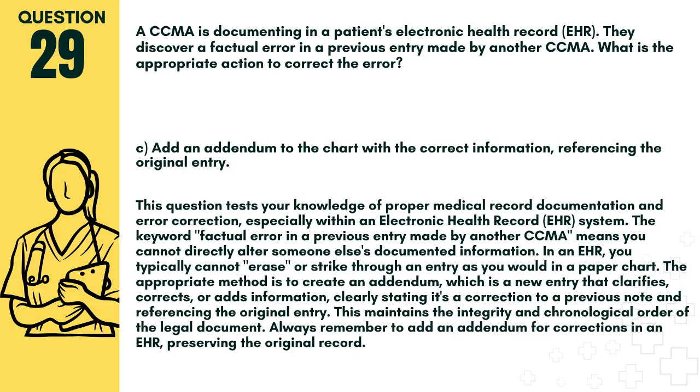The appropriate method is to create an addendum, which is a new entry that clarifies, corrects, or adds information, clearly stating it's a correction to a previous note and referencing the original entry. This maintains the integrity and chronological order of the legal document. Always remember to add an addendum for corrections in an EHR, preserving the original record.